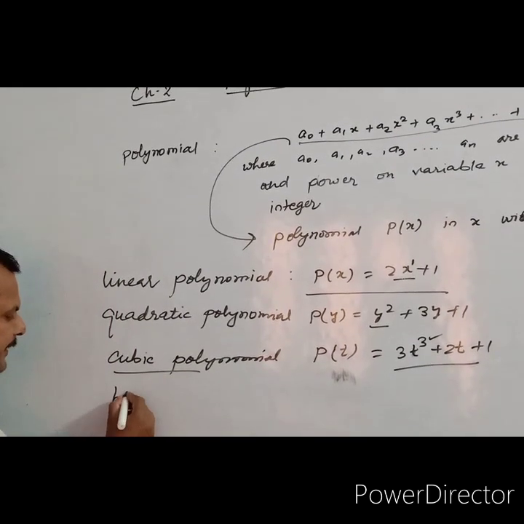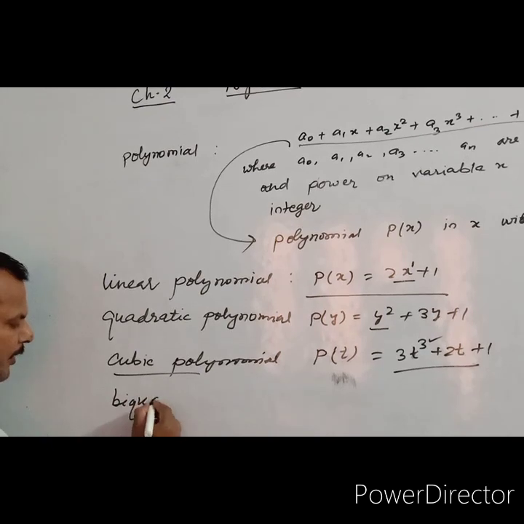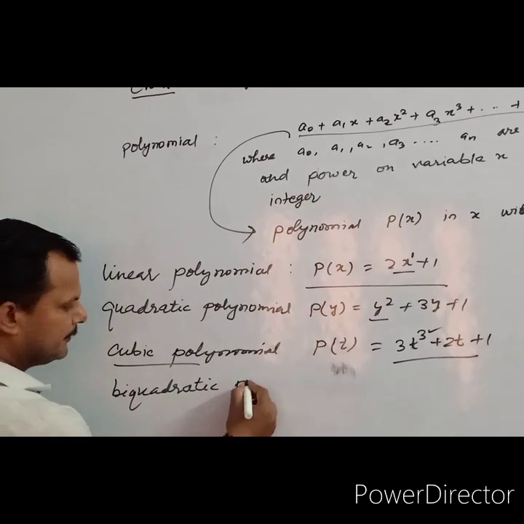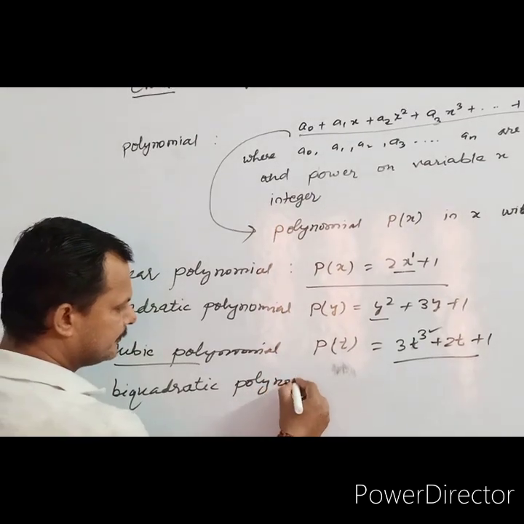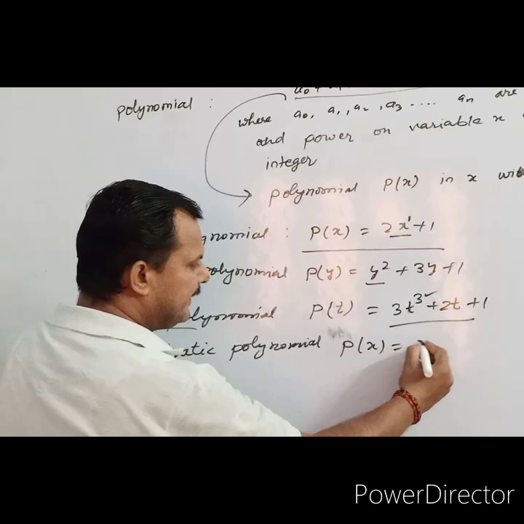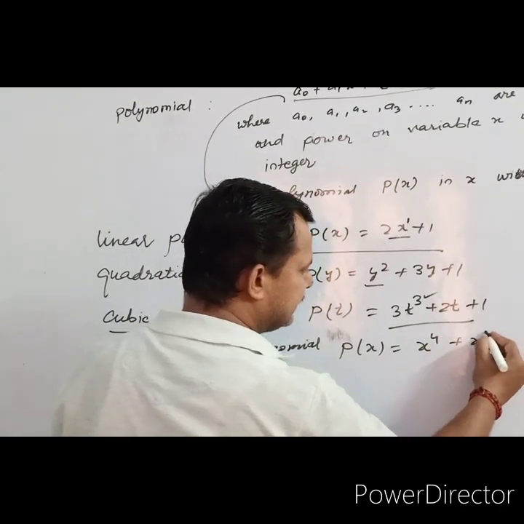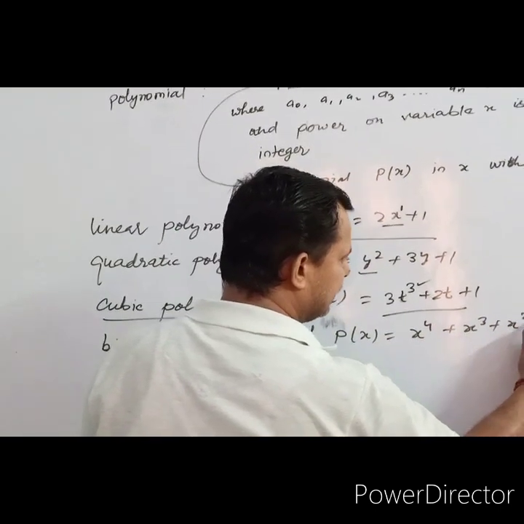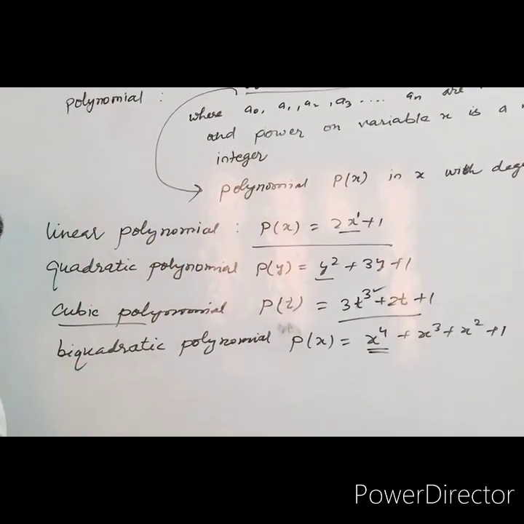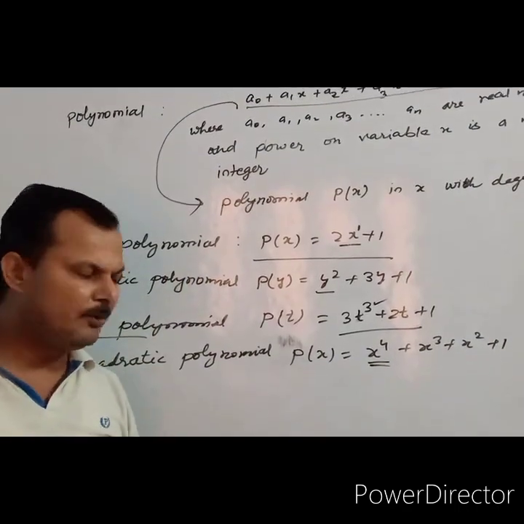Then biquadratic polynomial. P(x): if the highest degree of the polynomial is 4, then it is said to be a biquadratic polynomial.